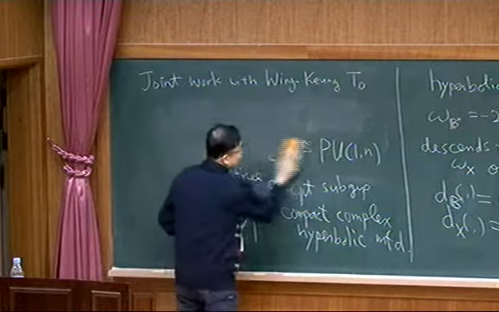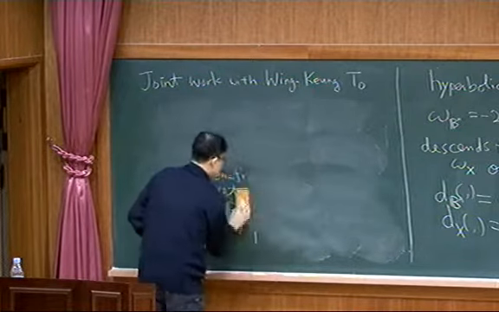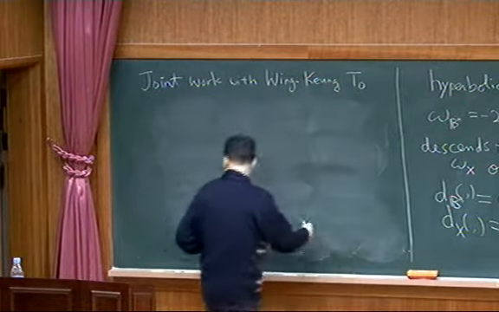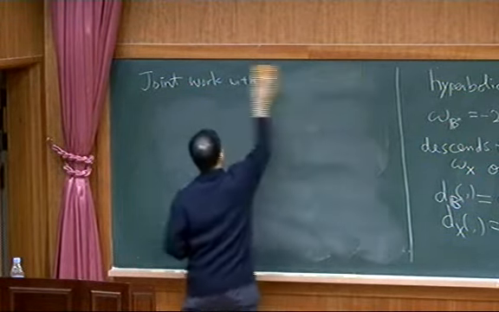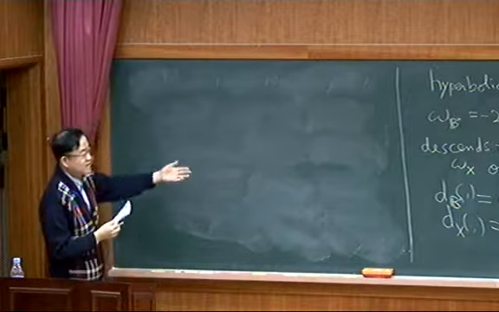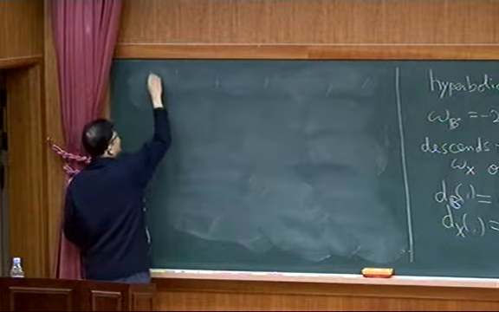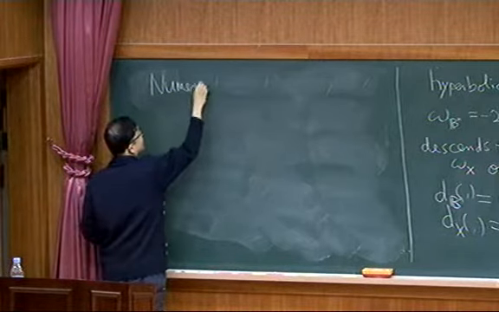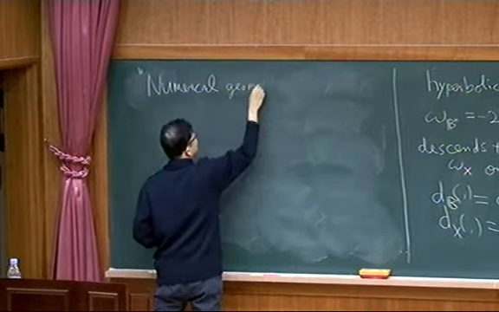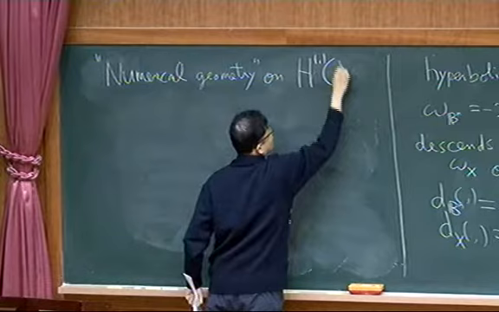Whenever we want to relate such a differential geometric or complex analytic object to algebraic geometry, one of the most efficient ways of relating algebraic geometry to complex analysis or differential geometry is by a numerical condition on the cohomology. This is sometimes called numerical geometry on H^1, the de Rham cohomology of X.